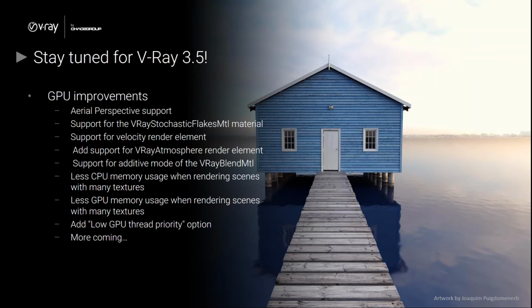And when the GPU does two things at the same time, you know what happens. So this option called low GPU thread priority will help you a little bit with that if you do not have a second graphics card only for rendering. And more is coming. So you see the list of GPU improvements is really long.